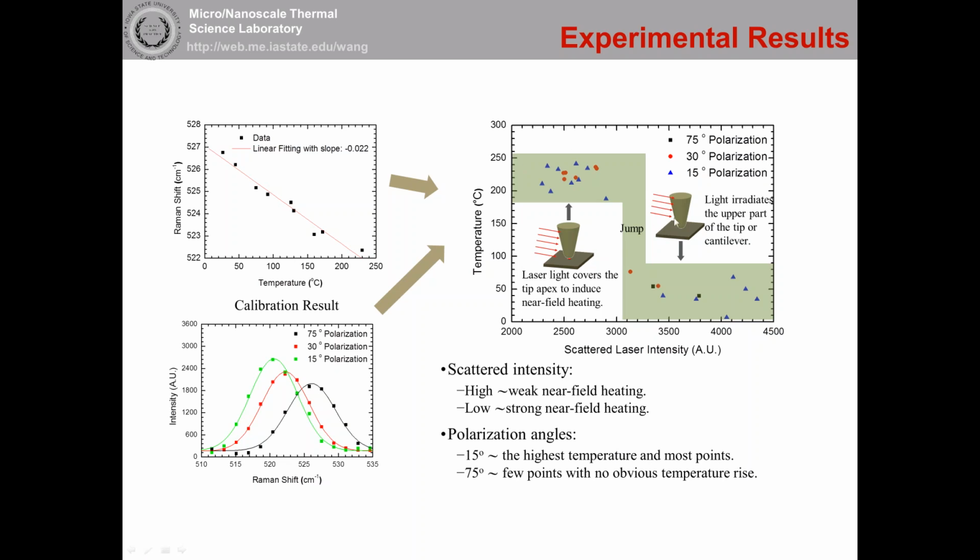This one shows that if we shift the light a little bit, the temperature rise goes down quickly. That means the heating effect goes down very fast. We want to make sure it's true, otherwise no one knows what's the story behind.